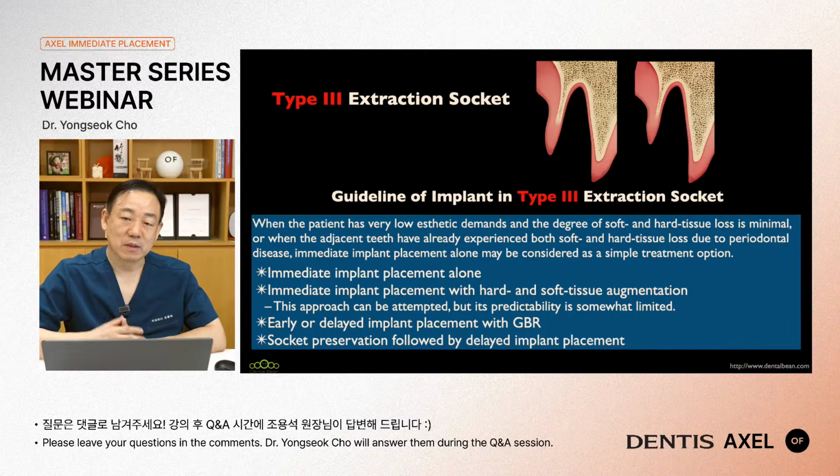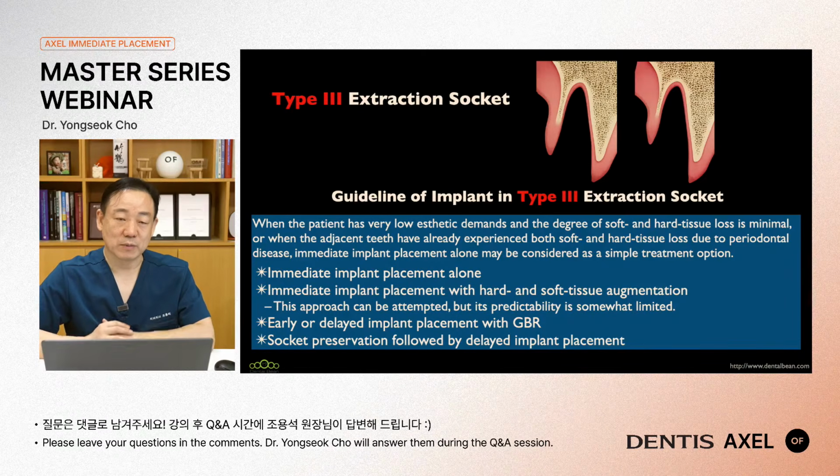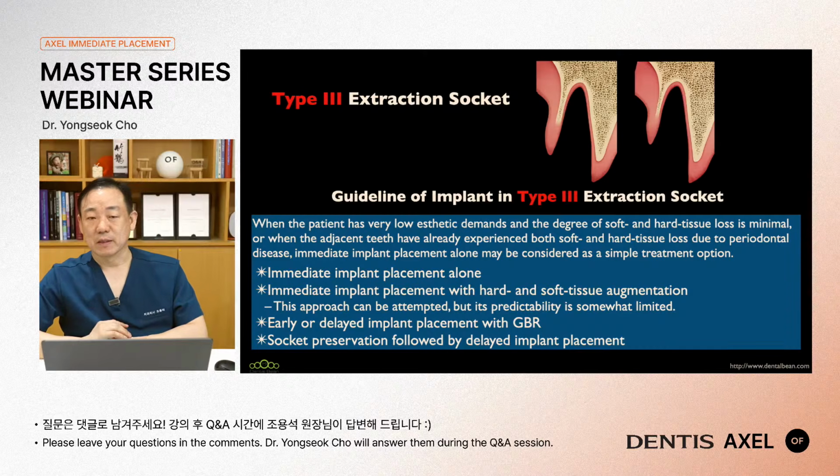Sometimes I add intrasocket bone grafting without flap elevation. This may be considered a simple treatment option, but it should be applied in limited situations: low aesthetic demand, and other teeth already affected by periodontal disease. At that time, for simplicity of maneuver, I just place the implant with intrasocket bone grafting.